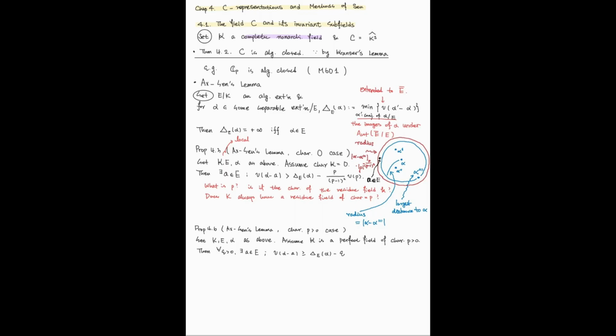Here we have alpha, in some algebraic closure of E. And then we have the conjugates of alpha: alpha prime, alpha double prime, like this.